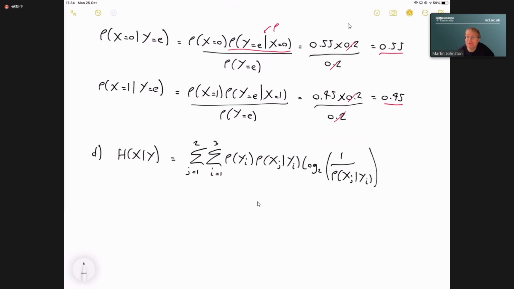So there's actually only 4 terms, although the summation suggests 6 terms. 2 of them are 0, because there's no connection between x equals 0 and y equals 1, and x equals 1 and y equals 0. So those 2 connections never happen. They have probability 0, so we can ignore them.